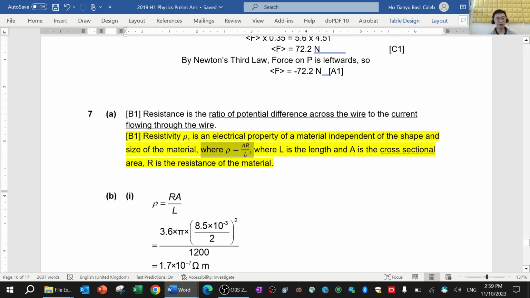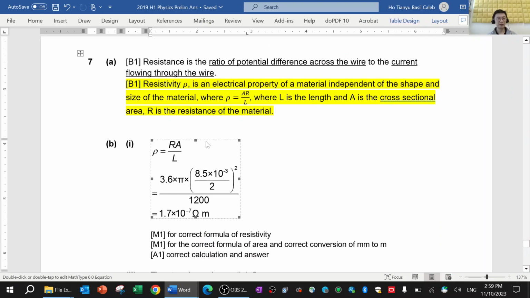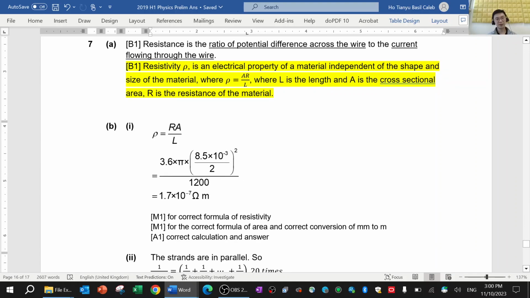R equals rho L over A, so if you turn the equation around, you get rho equals AR over L. So for definition questions, do update your terms and definitions list. I think this one is not found inside, but do update it.